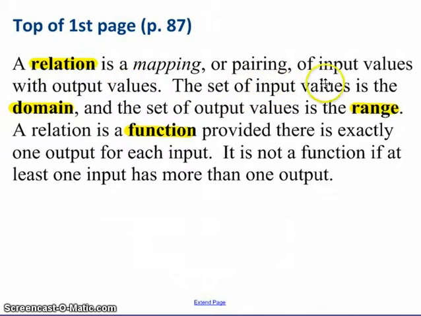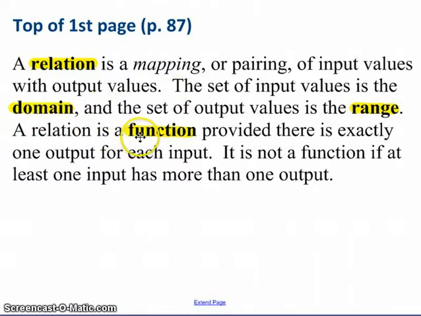The set of all those input values is the domain. Remember, input goes with X, goes with independent, goes with domain. All four of those things go together. Similarly, the set of output values is the range. Output goes with dependent, goes with range.